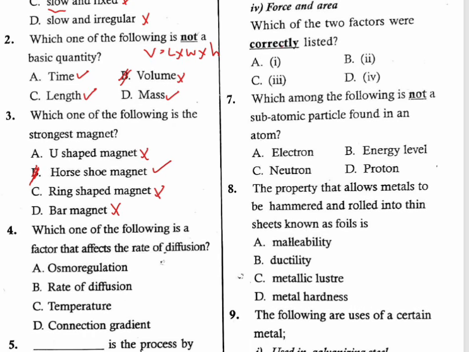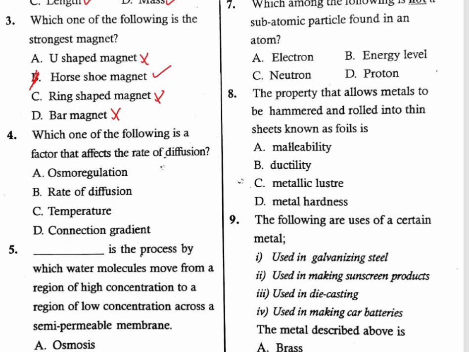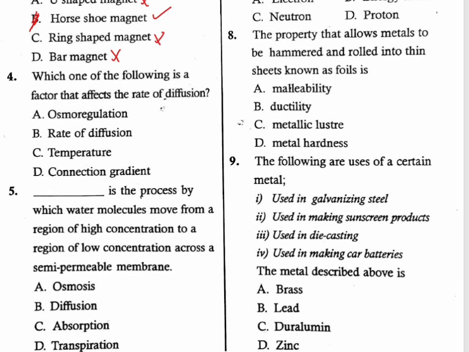Question number 4 reads, which one of the following is a factor that affects the rate of diffusion? So you know that diffusion is the movement of particles from the region of higher concentration to the region of lower concentration. So A says osmoregulation, B, rate of diffusion, C, temperature, D, concentration gradient.